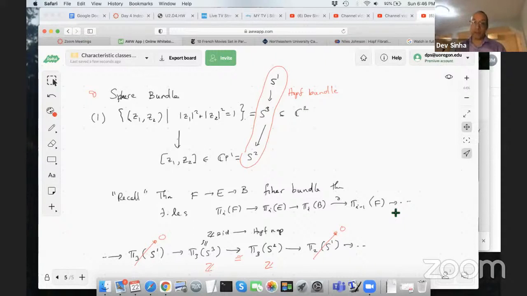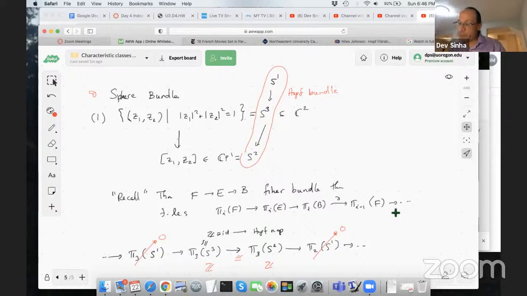And by the way, they're all the same as those of S3, because if I take this little sequence and go to the next thing, pi 4 of S1, et cetera, we'll see that pi 4 of S3 is the same as pi 4 of S2, et cetera. So pretty remarkable. That's why I say this, just as a map, is a pretty substantial thing.